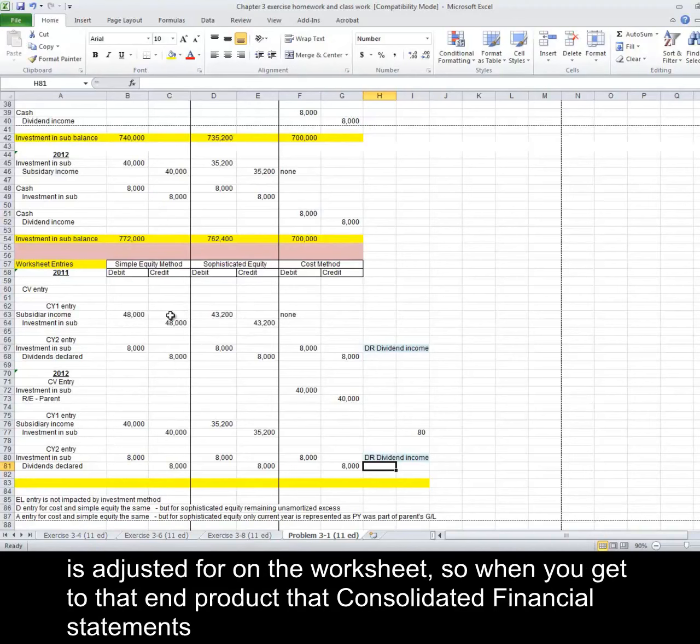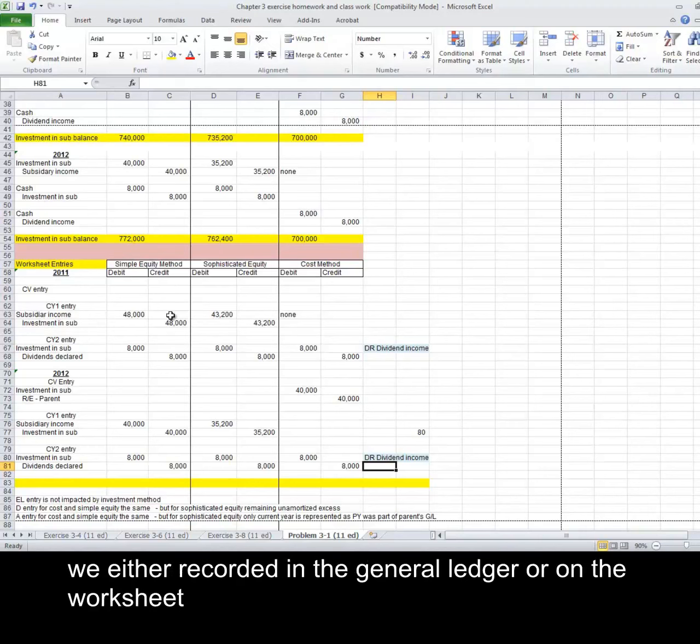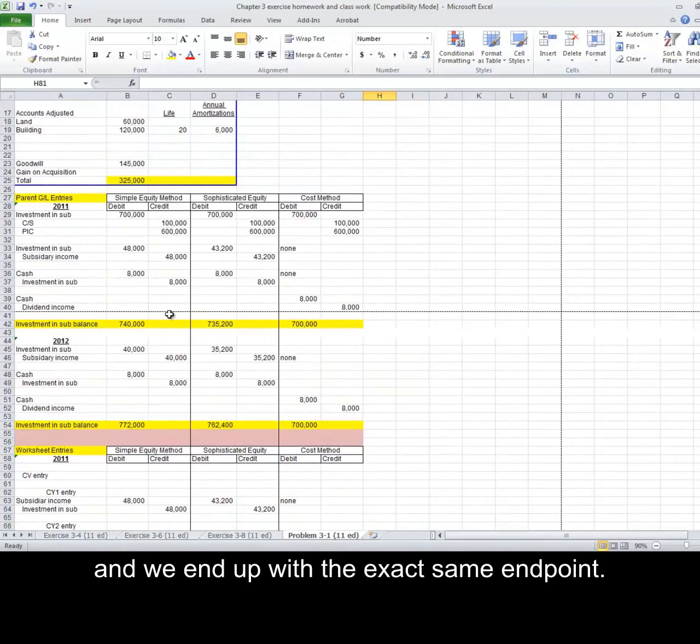So when you get to the end product, the consolidated financial statements, they are going to be identical. There is no difference. The method the parent uses to record the investment is a moot point because we either record it in the general ledger or on the worksheet and we end up at the exact same endpoint.